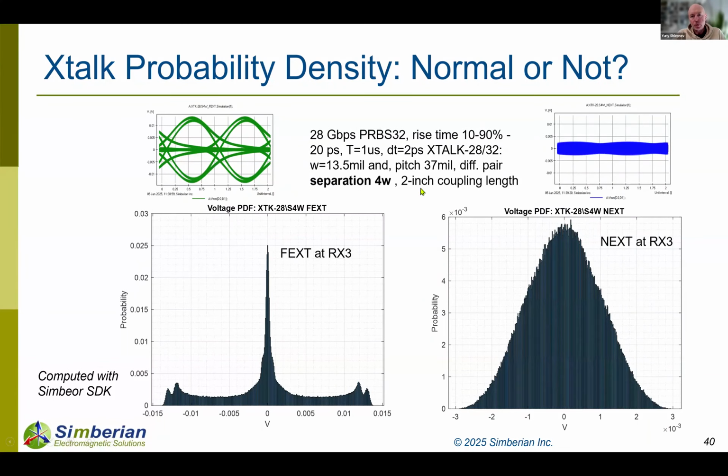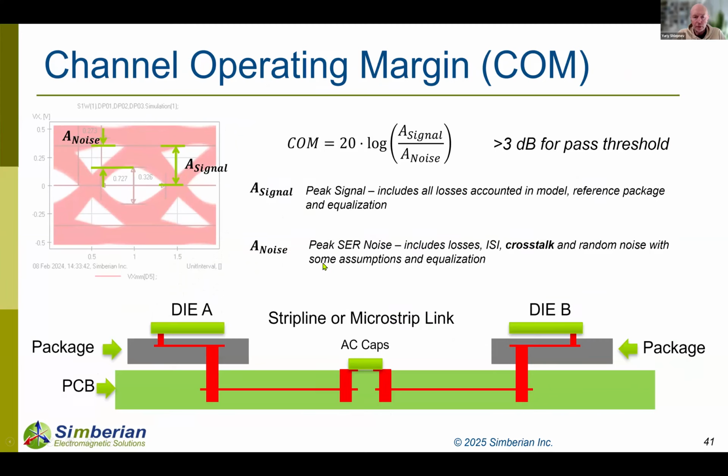Then if you put 4W, the amount of crosstalk decreases, and this is a probability density. It basically characterizes the probability of crosstalk happening at this value or at this value. And near-end crosstalk becomes more Gaussian, and far-end crosstalk is still more complicated.